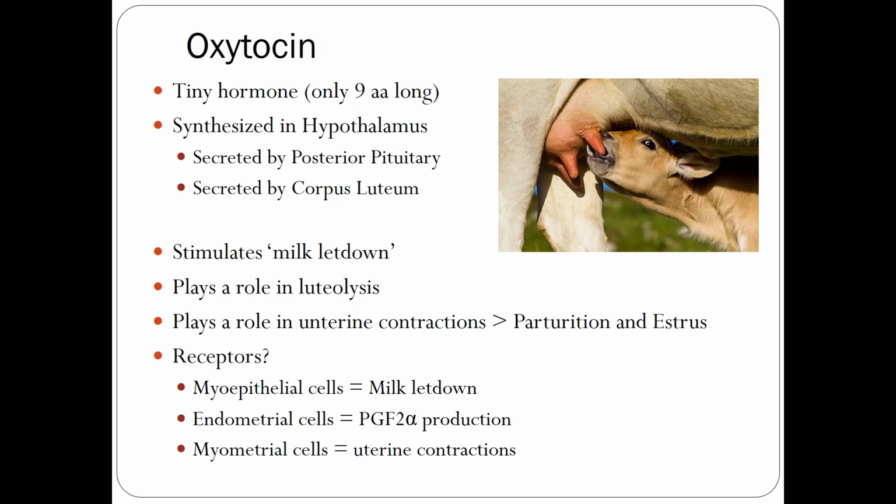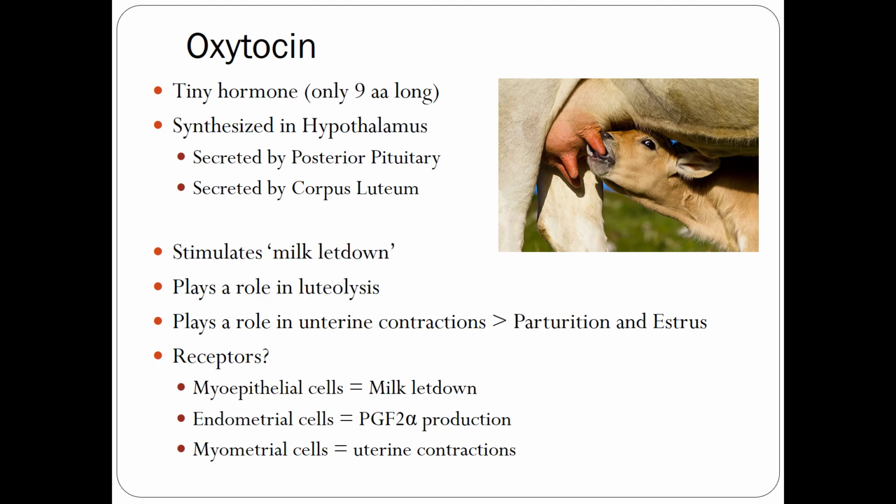Oxytocin is a really small hormone as well. It's only 9 amino acids long, synthesized in the hypothalamus, but pushed into the blood system by the dendrites that end in the posterior pituitary. We can also see oxytocin be produced by the corpus luteum on the gonad in females.